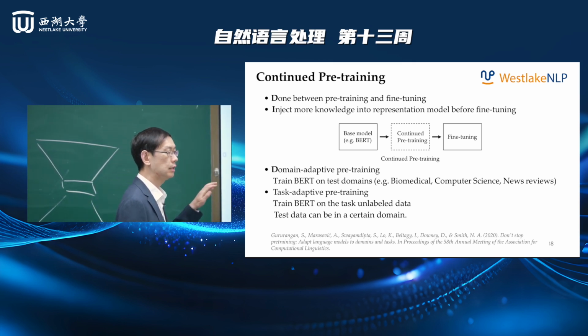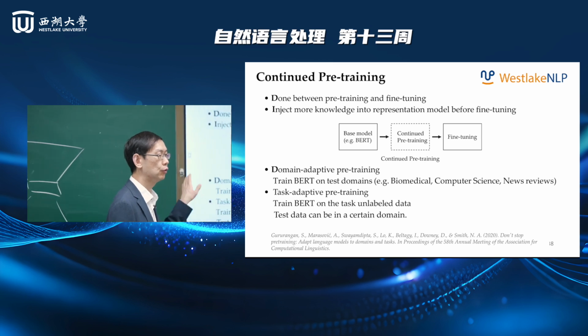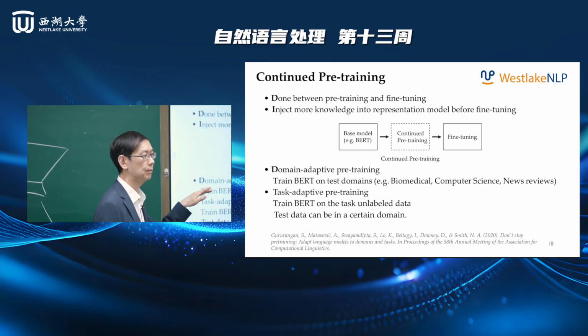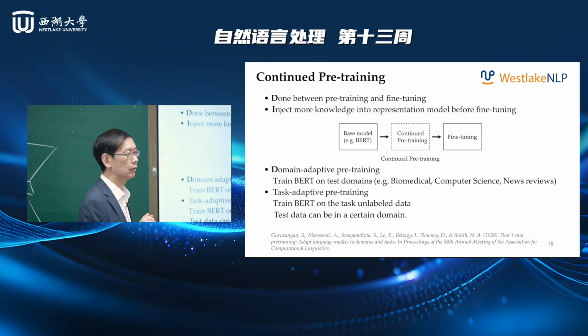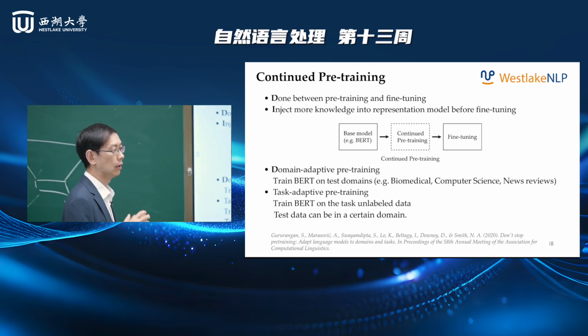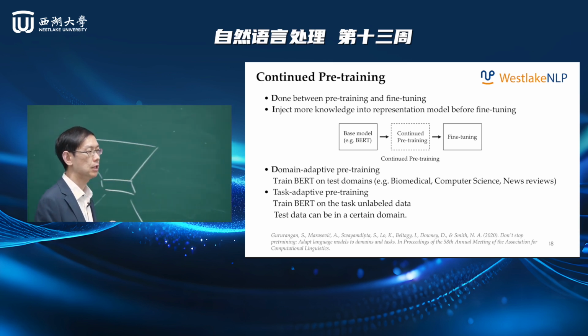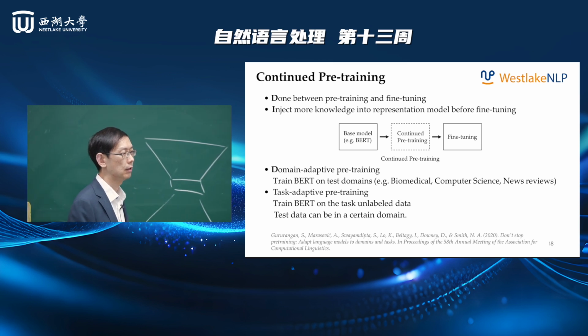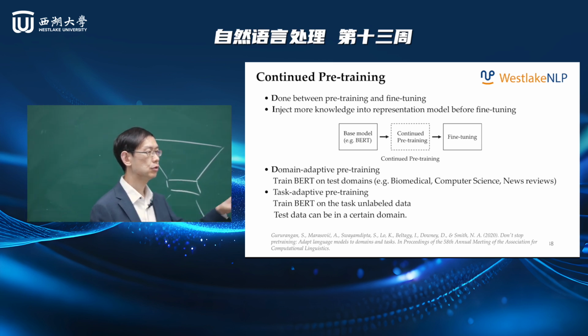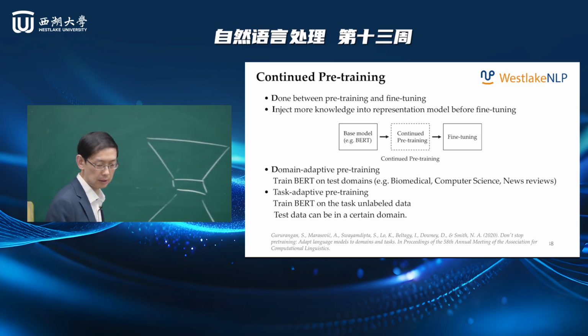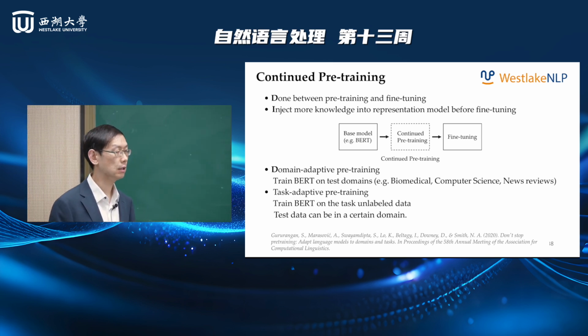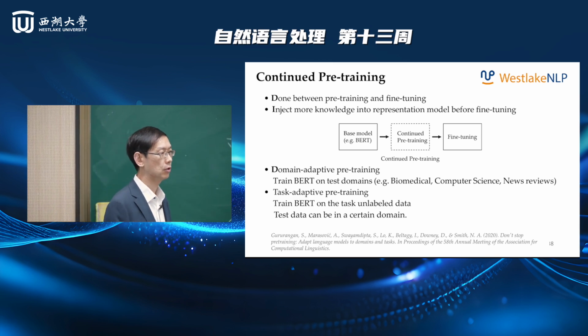And you continue to pre-train BERT on the language model objective over your biomedical data. In the end, your BERT will contain your domain knowledge in addition to general knowledge. And then you just do the fine-tuning as before. So this works not only for classification, but also for other tasks using BERT.